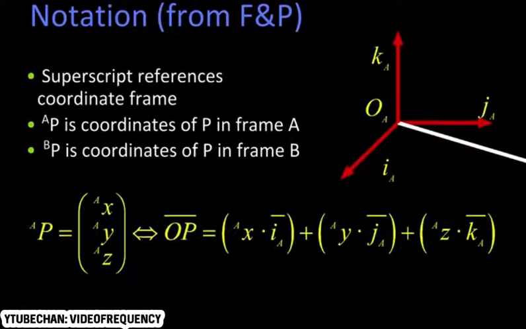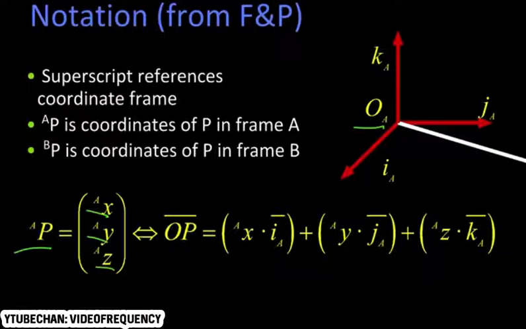So here I have some point P, and I've got the A coordinate frame. And the expression of the location of point P in the A coordinate frame can be thought of in a variety of ways. You can think of it as the location x, y, z in the A frame.